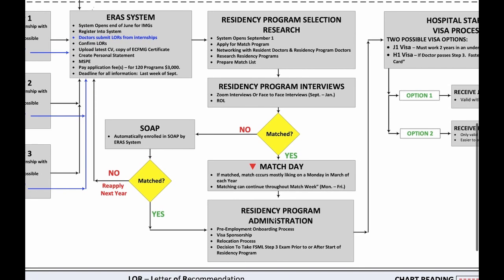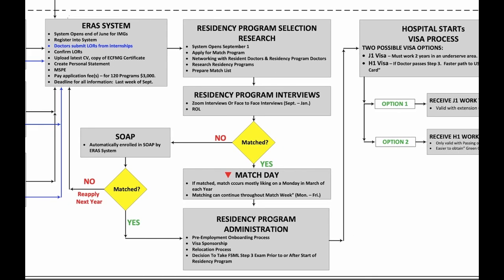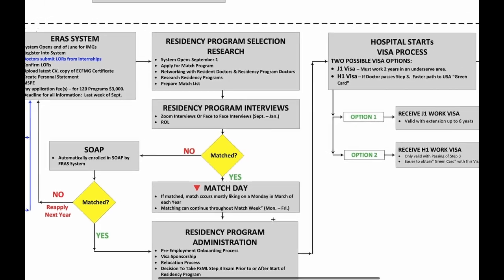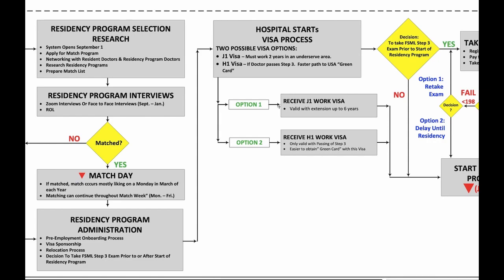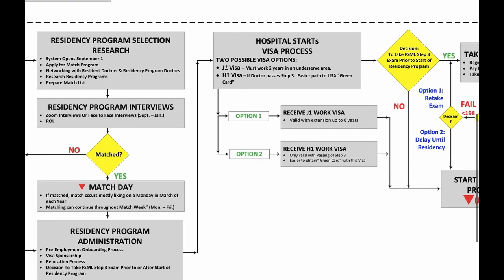Then you move to the residency program administration process. Basically, they are going to do the pre-employment onboarding process, the visa sponsorship, and if you require any other things, they will let you know, and that is going to happen right after the match week. Once you have that process done, if you are an international medical graduate who requires a visa, then you're going to find out a little bit about these 2 possibilities, the J1 visa and the H1 visa.